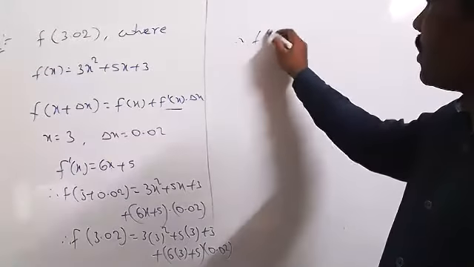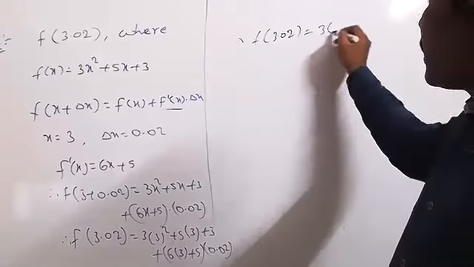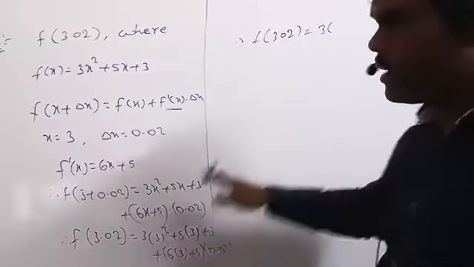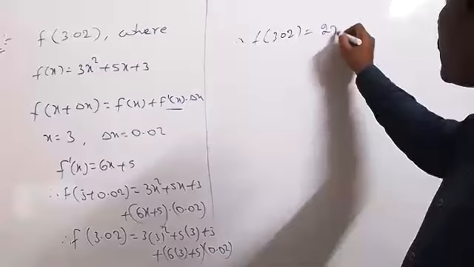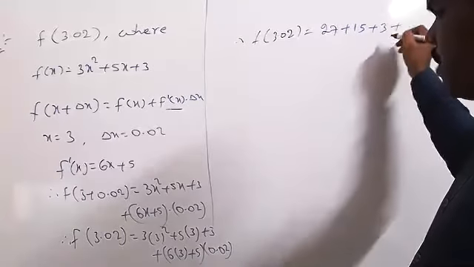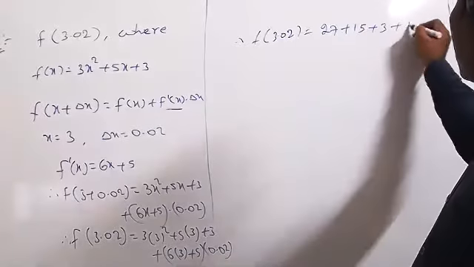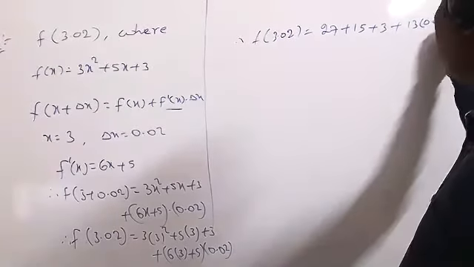So f of 3.02 equal to 3 into 3 square equal to 9, 3 nines are 27, plus 3 fives are 15, plus 3, plus 6 threes are 18, 18 plus 5 equal to 23. So this is 23 into 0.02.